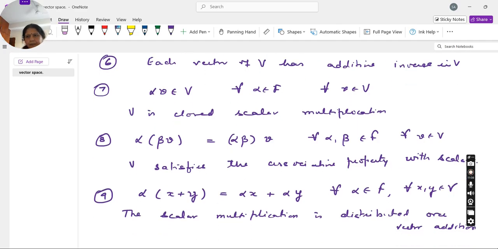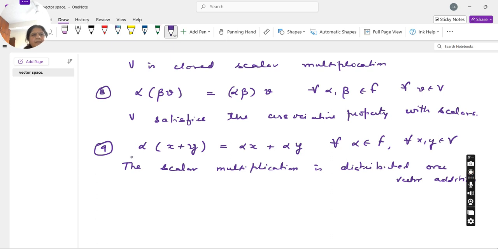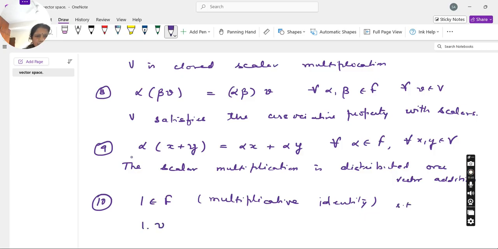Next is that 1 belongs to F, the multiplicative identity, such that 1 into v equals v equals v into 1 for all v belonging to V. That means the 1 is the scalar identity, the identity of V under scalar multiplication.